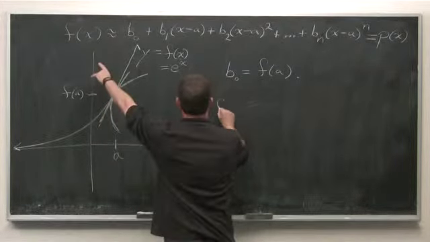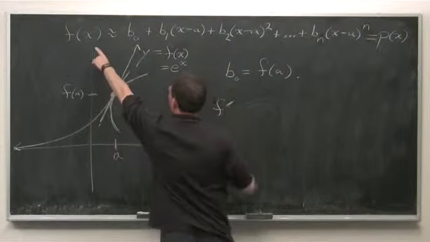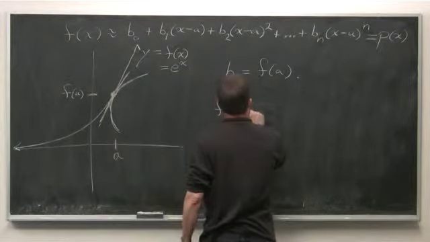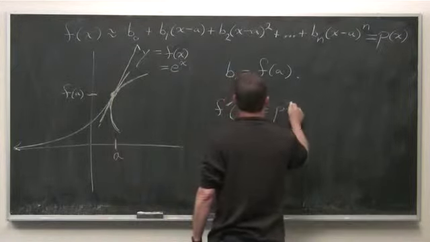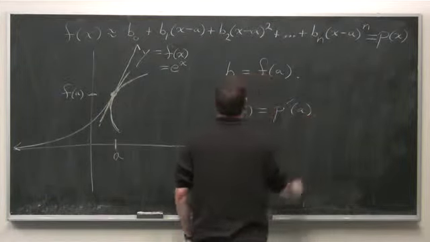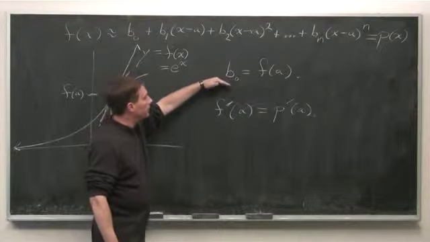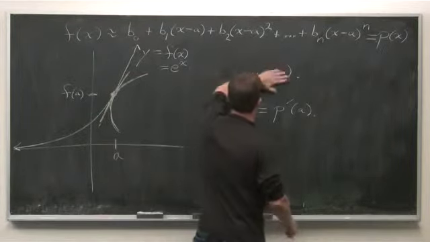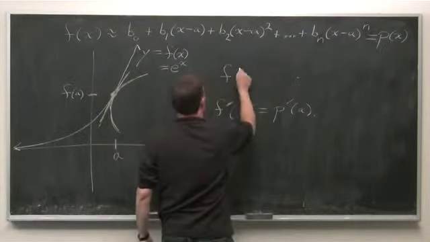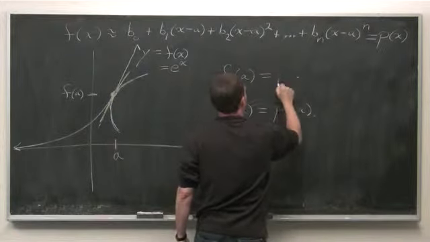So what we want is for f prime at a to equal p prime at a. And we'll figure out what that says about b in a minute. In fact, let me write this in a different way. This line says f of a equals p at a.